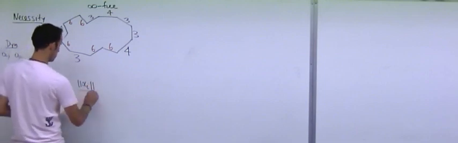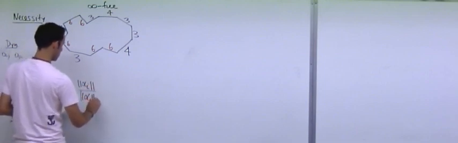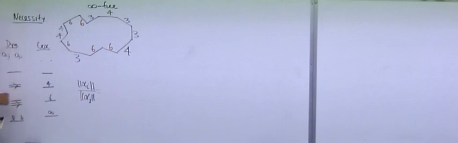Remember that if we have an edge like this one, this is a 2 and a 1. If you have an edge like this one, then the length of this root divided by the length of this root has to be square root of 2.